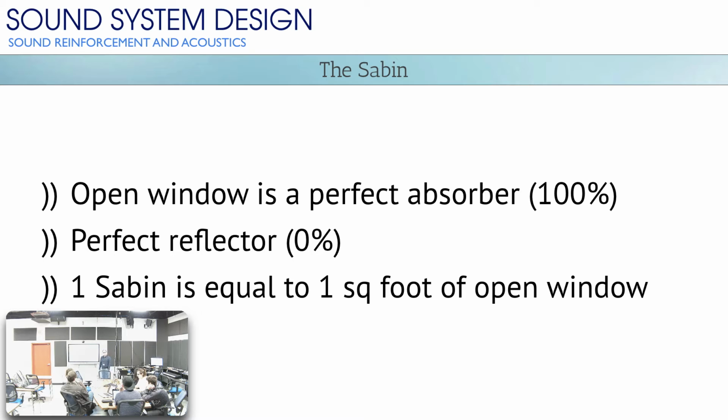So this was his grand conceit, that the perfect absorber is an open window. So that's 100% absorption. And then we're going to imagine some sort of unobtainium that is perfect reflection. It doesn't really matter what that is, we can imagine that it might exist, and it would be equivalent to 0% of open window.